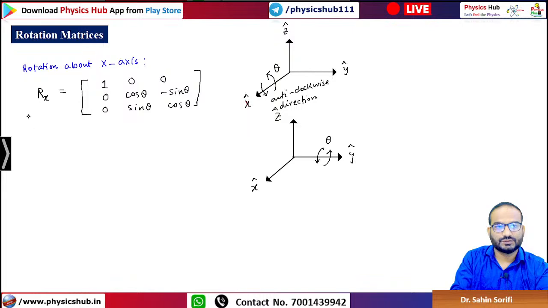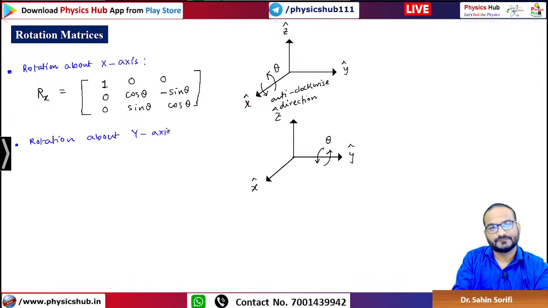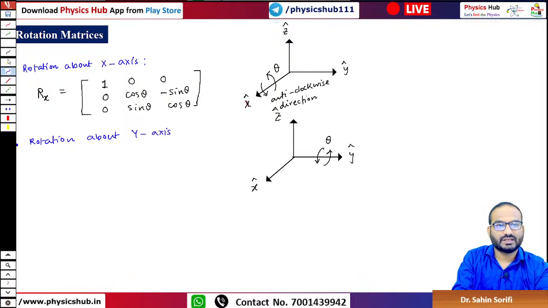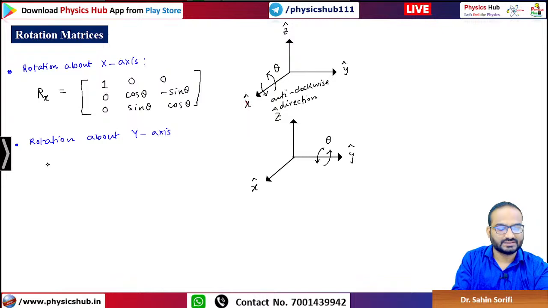Then the corresponding matrix will be the rotation about the y-axis. They can give you any axis, generally they give the z-axis, but you should know all the axes.